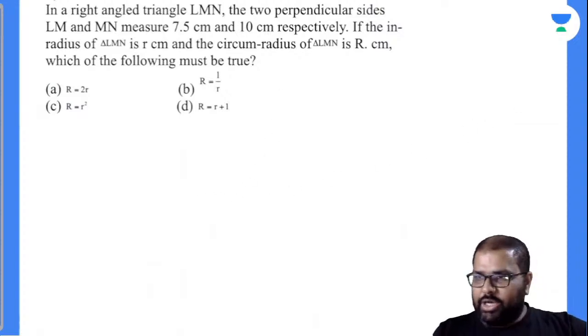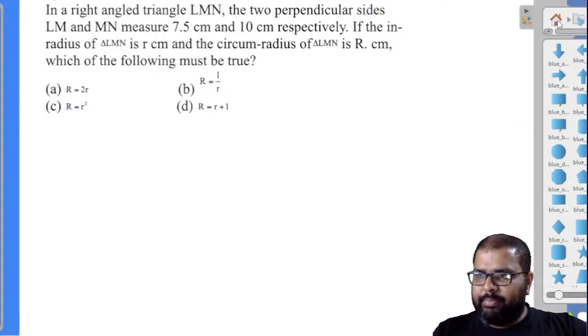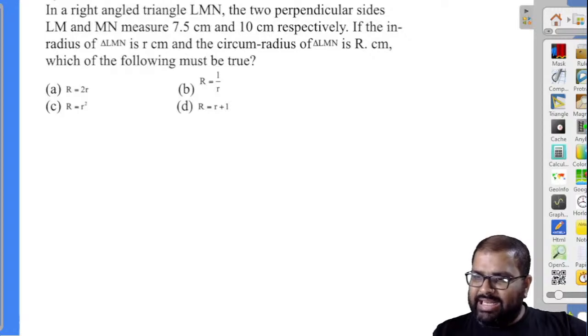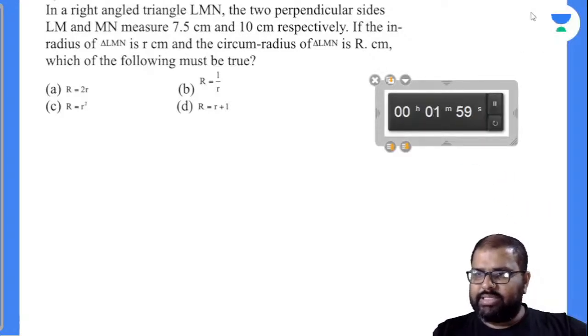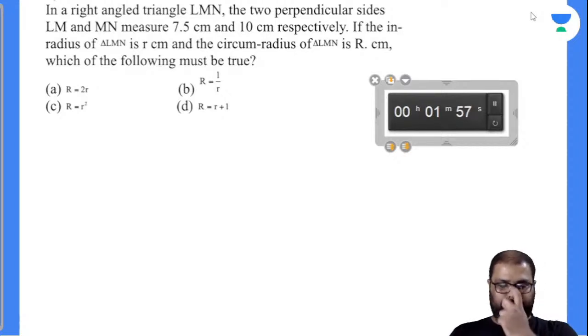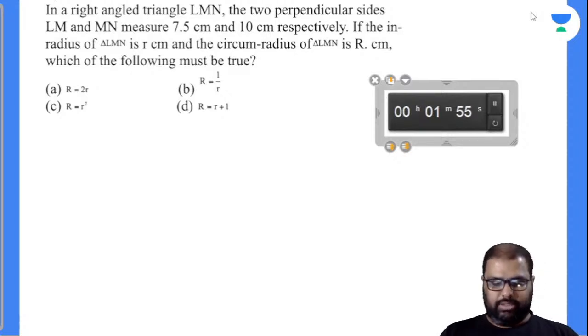Again, let's see how many can solve this. If you know the formula of incircle and circumcircle, then only you can solve this question easily, or otherwise it will take a little bit more time. Let's see how many can solve this. In a right angled triangle LMN, the two perpendicular sides LM and MN measure 7.5 centimeter and 10 centimeter respectively.